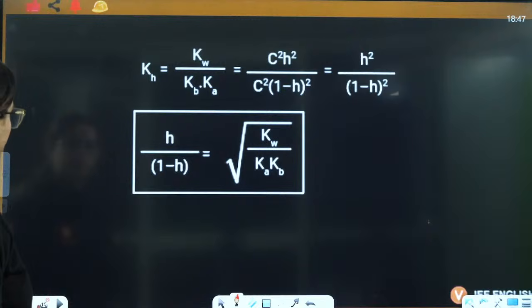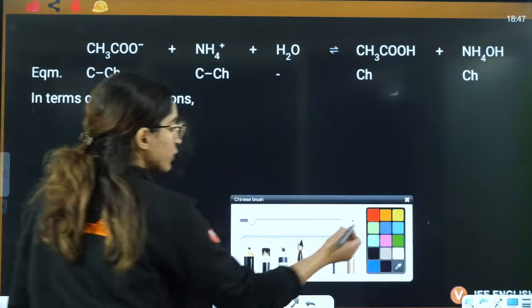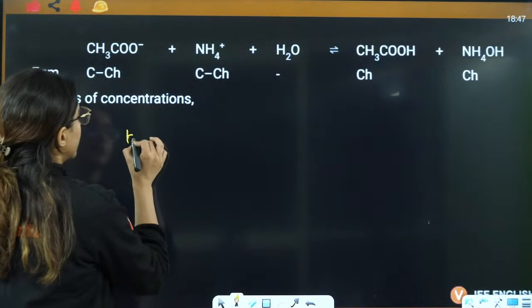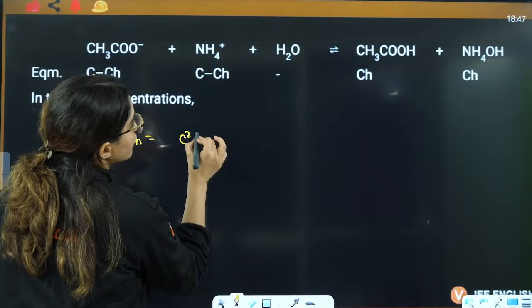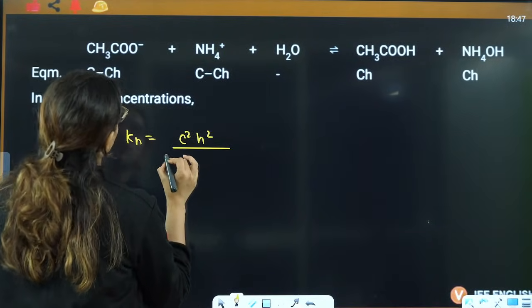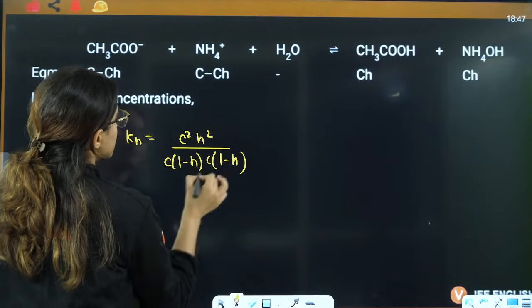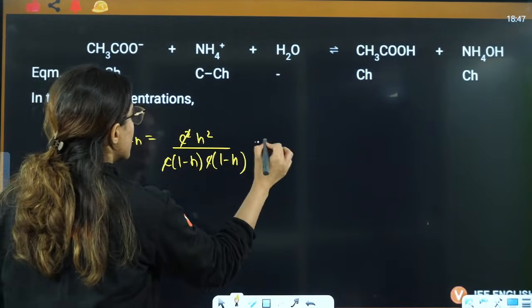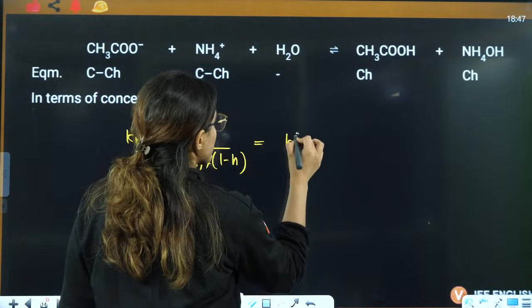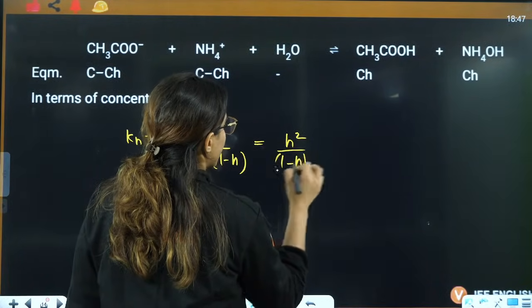Now in this case, what is the value of KH here? KH is equal to C square H square over C common (1 minus H) times C common (1 minus H). The C cancels, and this becomes H square by (1 minus H) square.